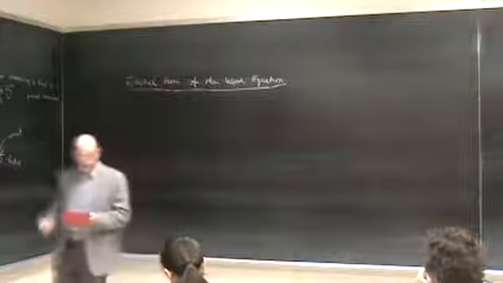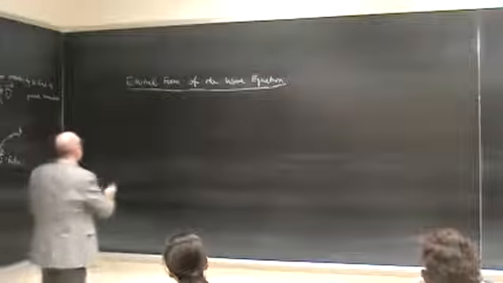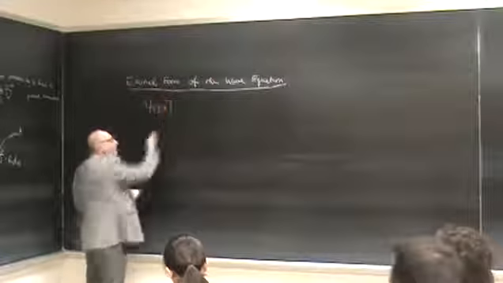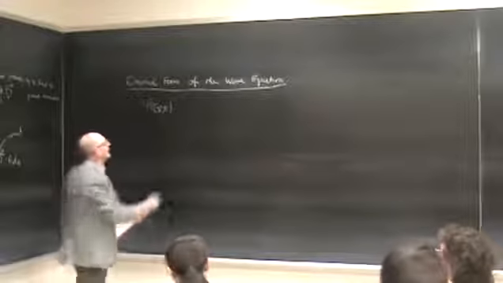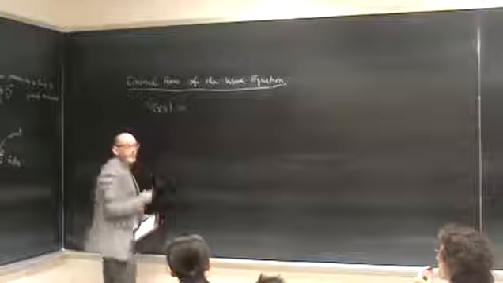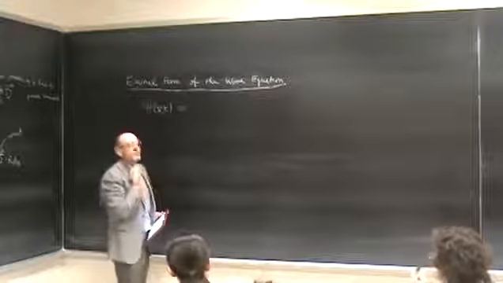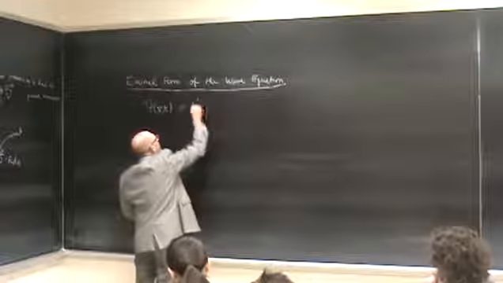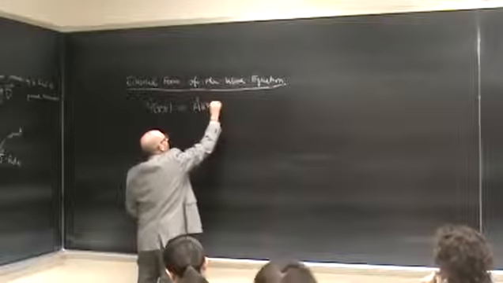Okay. So, what's the eikonal form? So I'm going to express the wave function as a complex number. It has an amplitude and a phase, right? A magnitude and a phase. So I'm going to write it as a real amplitude and a phase.